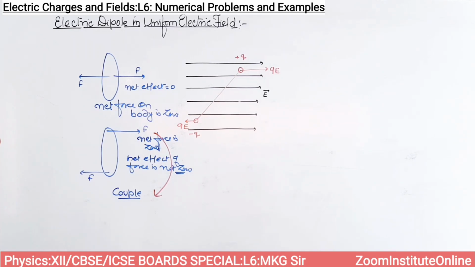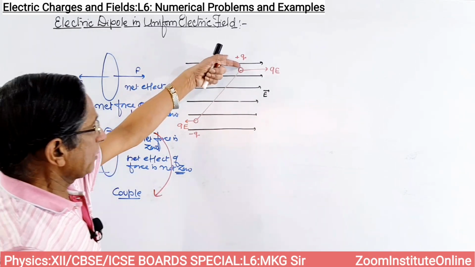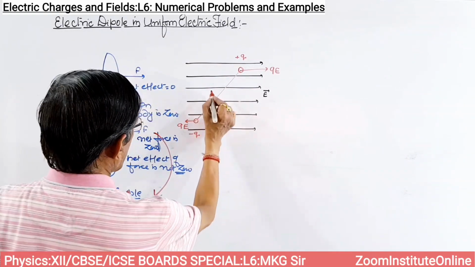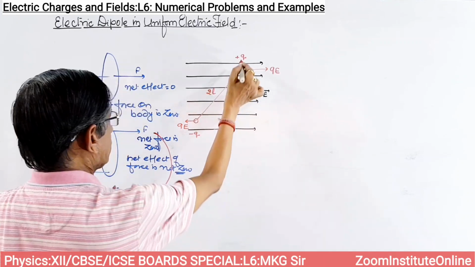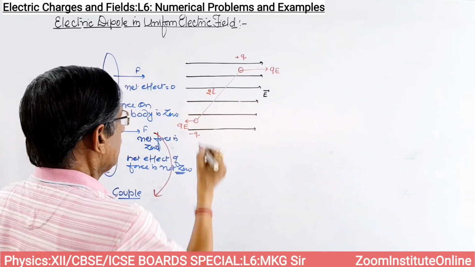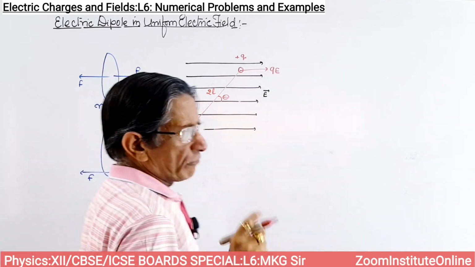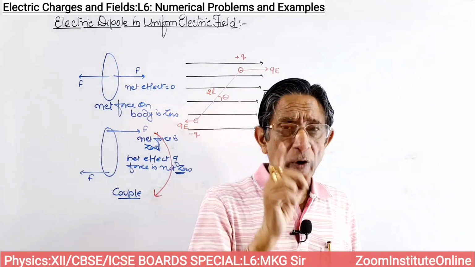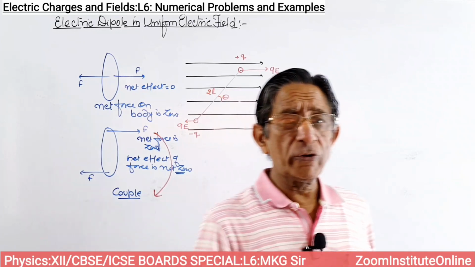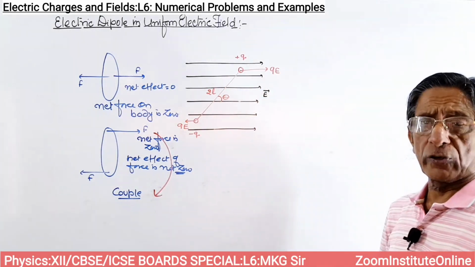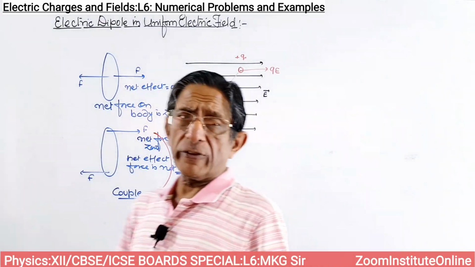So, dear students, we consider an electric dipole consisting of charges plus q and minus q separated by distance 2l, placed in a uniform electric field such that the axis of the dipole makes an angle theta with the direction of electric field. Positive charge experiences a force in the direction of electric field, and the force experienced is given by qE. Question is that from where qE has come.